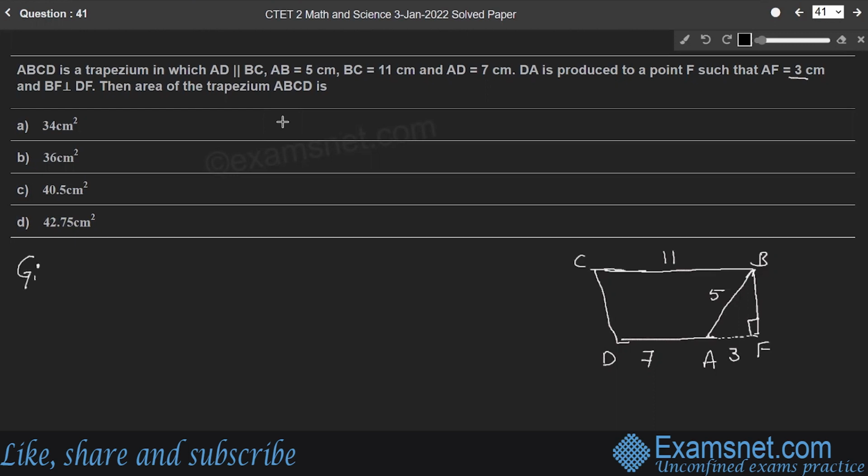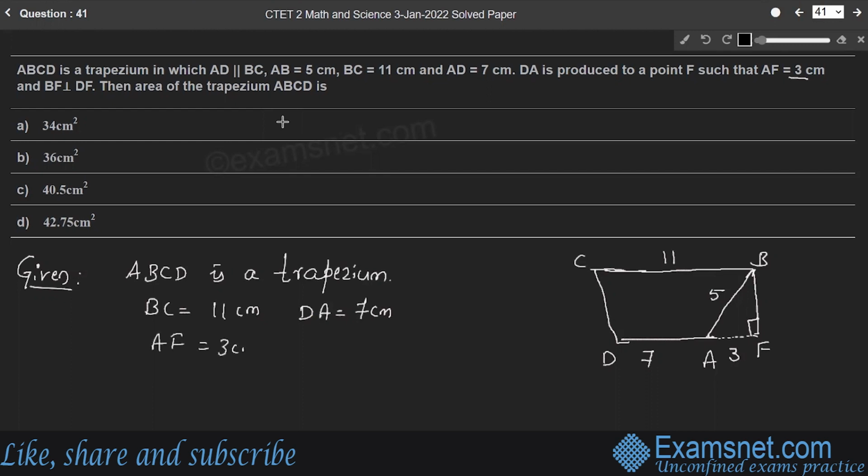So given, ABCD is a trapezium in which BC is 11 centimeter, DA is 7 centimeter, AF is equal to 3 centimeter. Because of the construction, AB is equal to 5 centimeter.